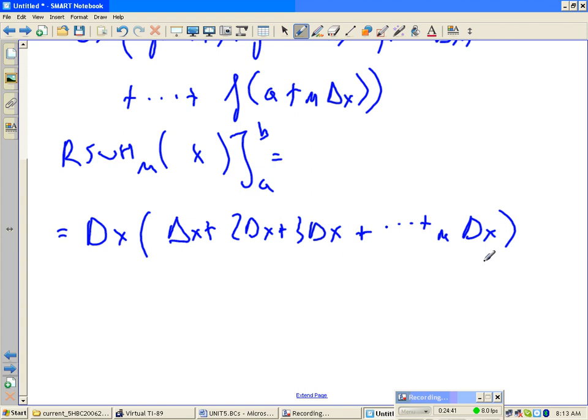Now, what makes this answer better and better and better? If n goes to infinity, right? Let's take the limit. What's the limit as n goes to infinity of this thing?